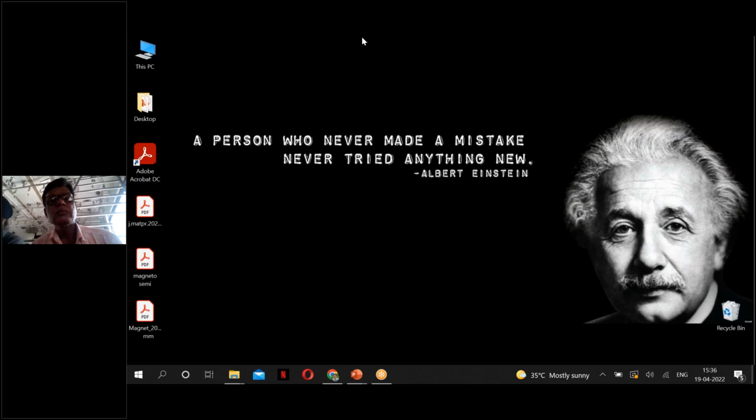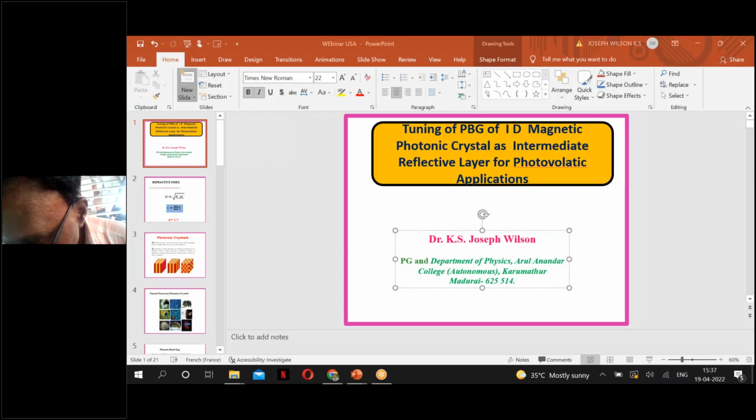One minute. Once you close the screen sharing, click on it again. Now share the presentation. Now it is perfect. You can make it full screen and start presenting.